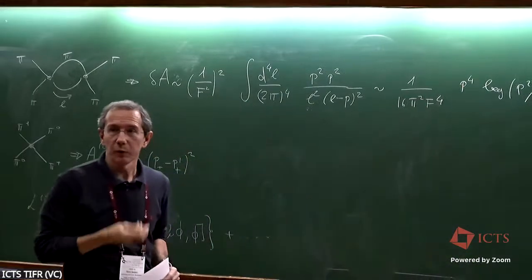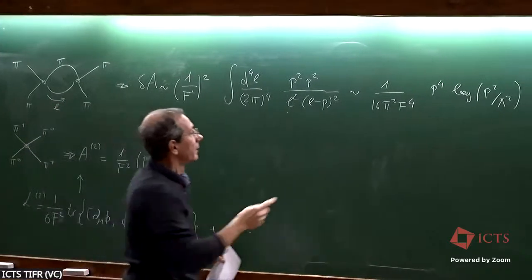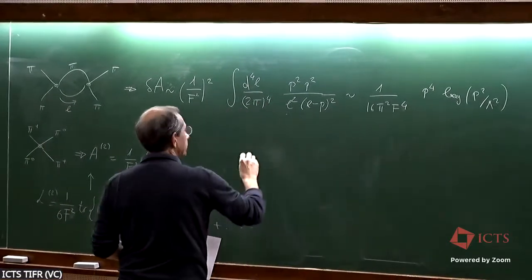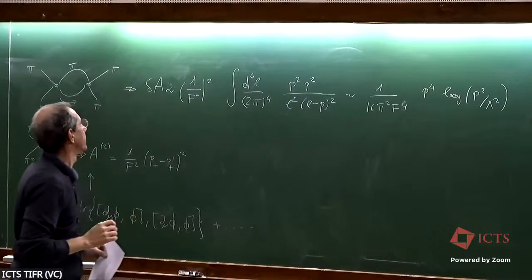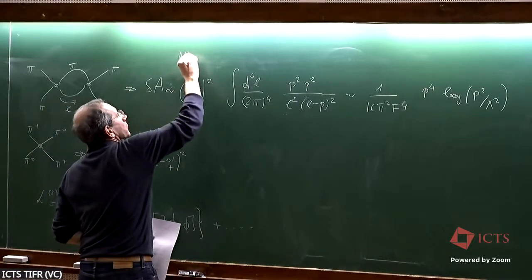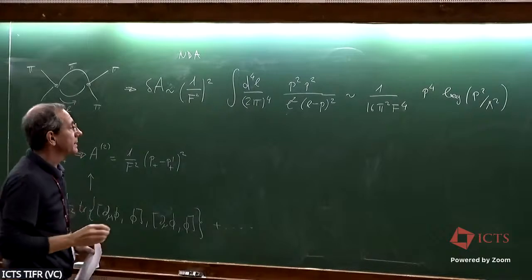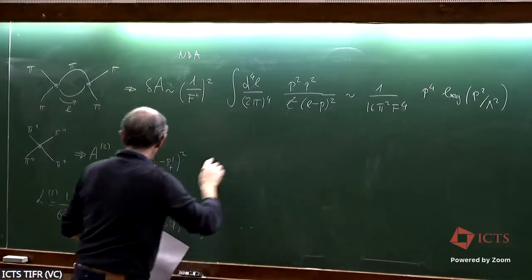We will have to introduce a counterterm. And it is interesting to see how this, again, this is just naive NDA, naive dimensional analysis, compares with respect to the leading order result.